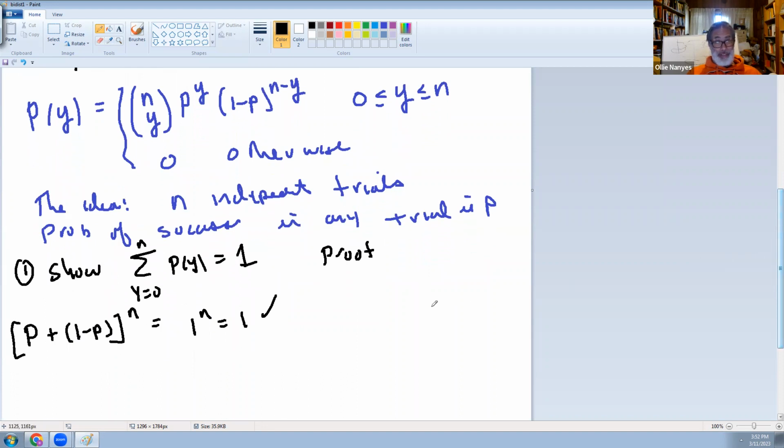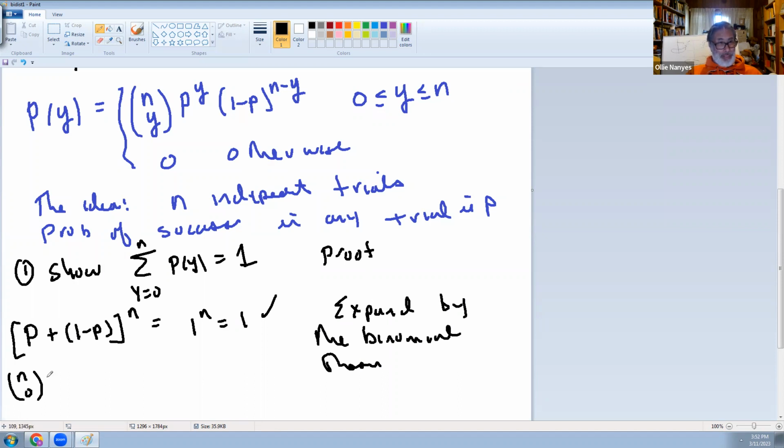Okay, it's not too hard. On the other hand, if we expand by the binomial theorem, we get n choose 0, p to the 0, (1 minus p) to the n, plus n choose 1, p to the first, (1 minus p) to the n minus 1, and you just keep going.